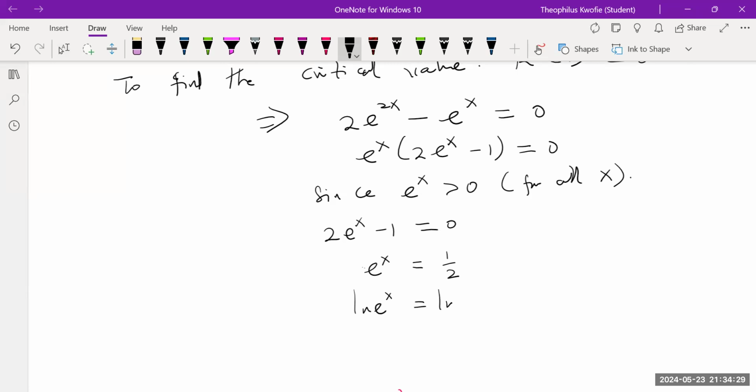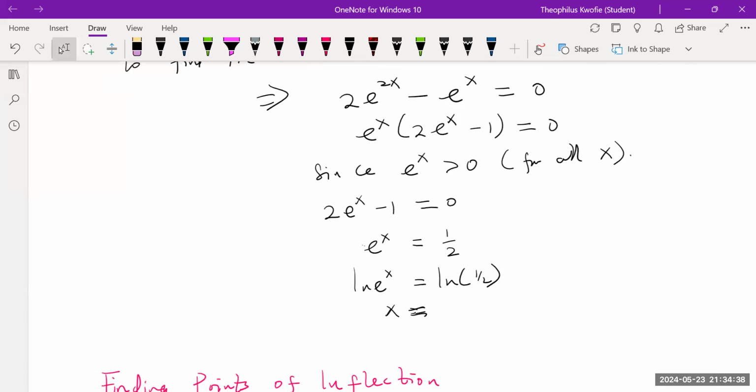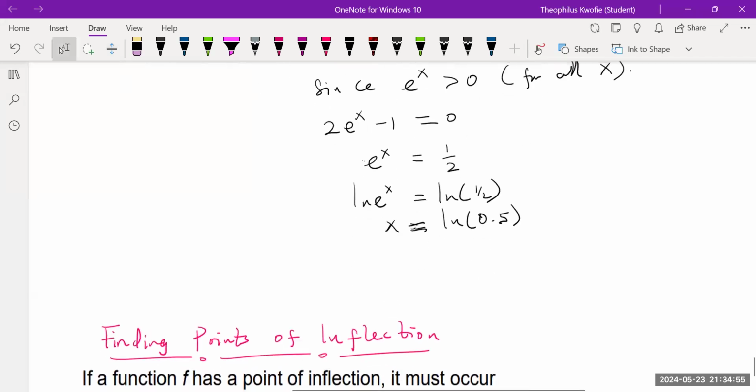So that's what we did the last time. With this, we're going to have x equal to the natural log of half. Let me use 0.5 just to make things as easy as possible instead of using half throughout. So let's use that.